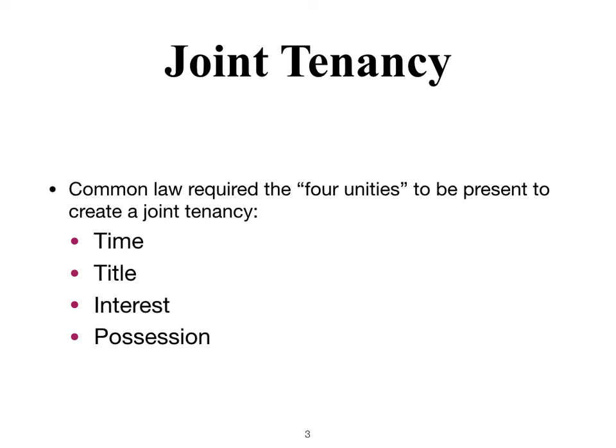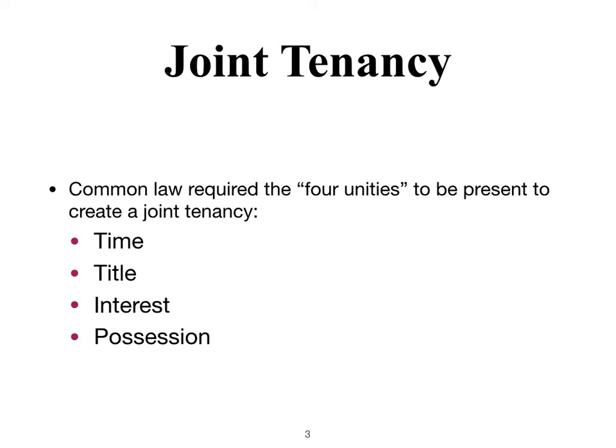So if you remember when we were talking about tenants in common, we said that they could have different percentages of ownership, right? We said A could have a 2/3 interest, for example, B could have a 1/3 interest. But that's not the case with joint tenancy. There has to be unity of interest. So they both would have to have 50% of the property.